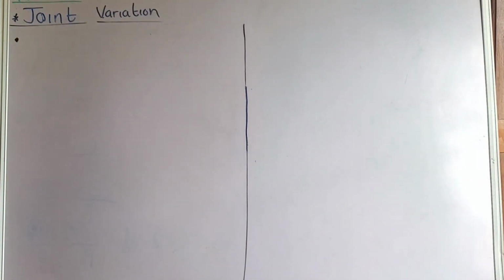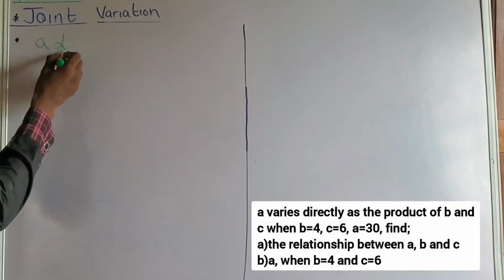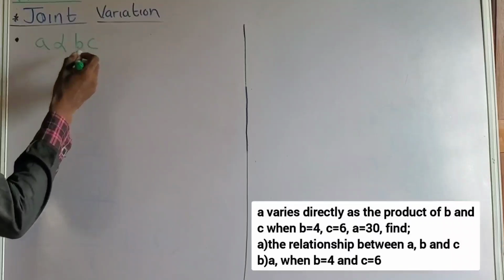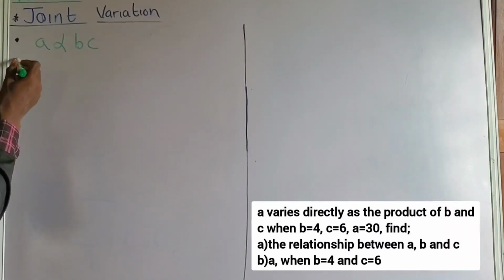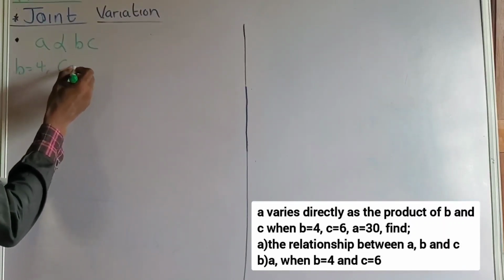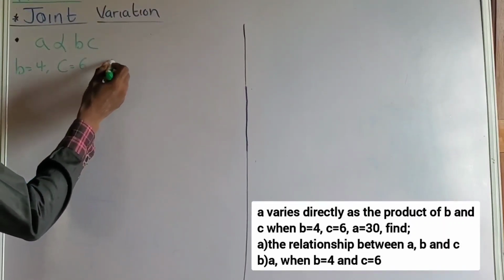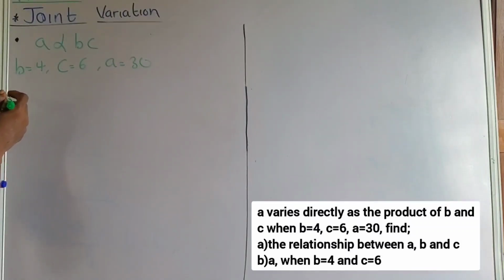Now, we are given that A varies directly as the product of B and C. We are given that when B equals 4 and C equals 6, A equals 30. Now, please pay attention.